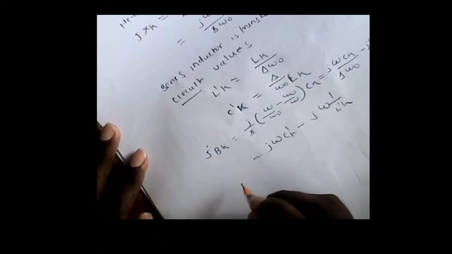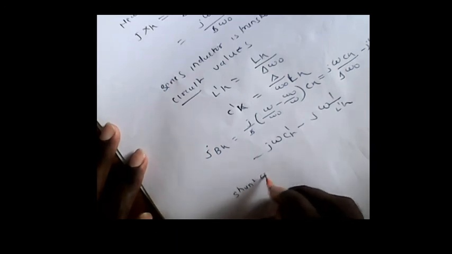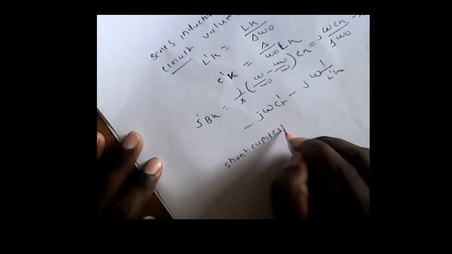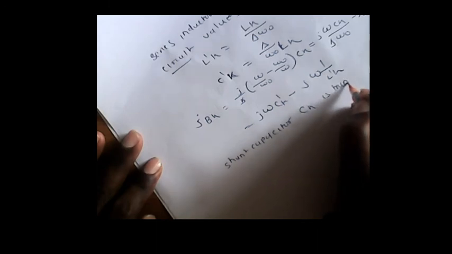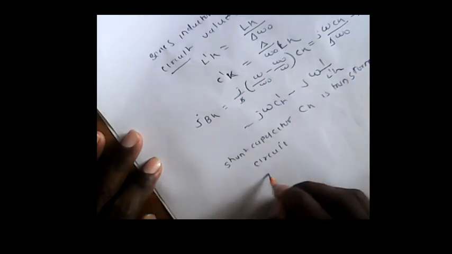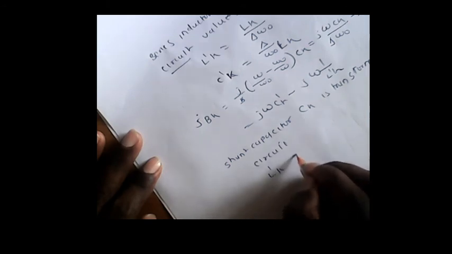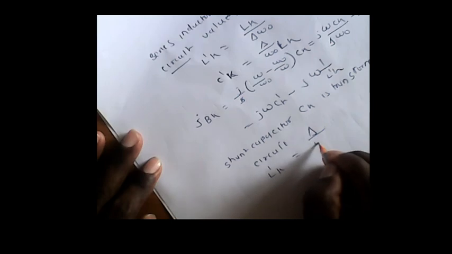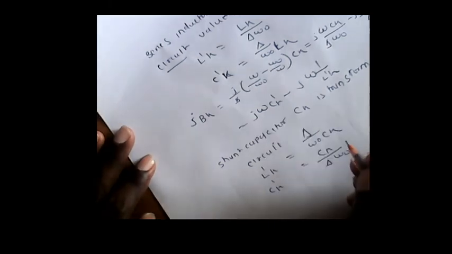So the shunt capacitor Ck is transformed into an LC circuit, with new values of inductor L dash k equal to delta divided by omega 0 Ck, and new value of capacitor Ck divided by delta omega 0.